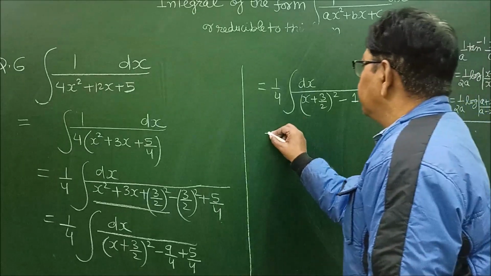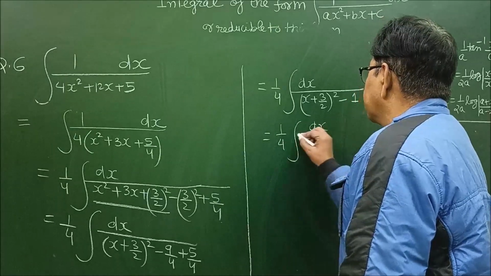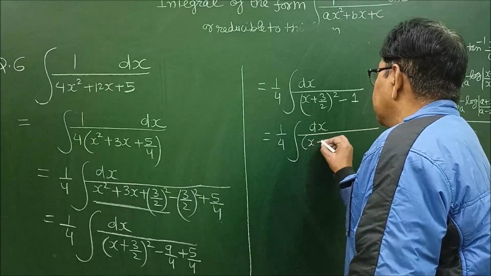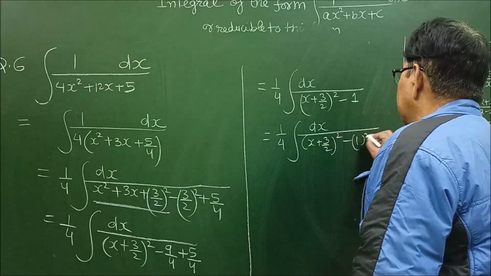So this can be written as 1 upon 4 dx upon x plus 3 upon 2 square minus 1 square.